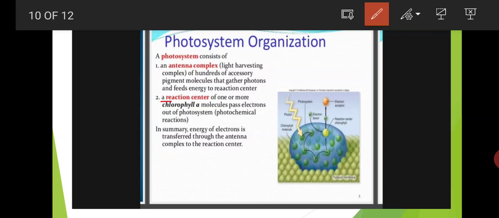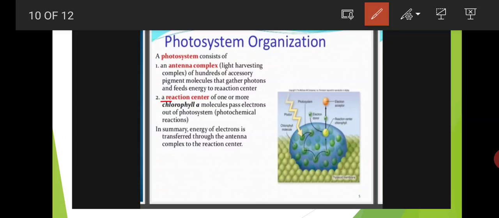The reaction center has one or more chlorophyll A molecules that pass electrons out of the photosystem. That is the photochemical reaction. The antenna complex, the light harvesting complex, receives the photons and feeds energy to the reaction center.